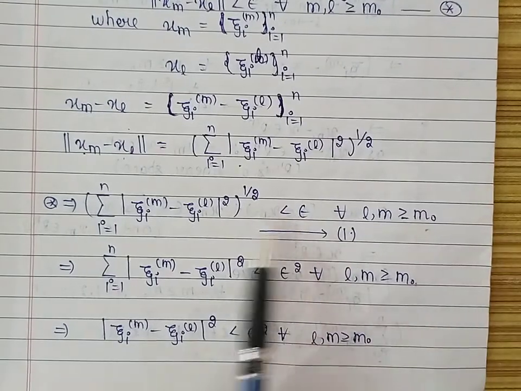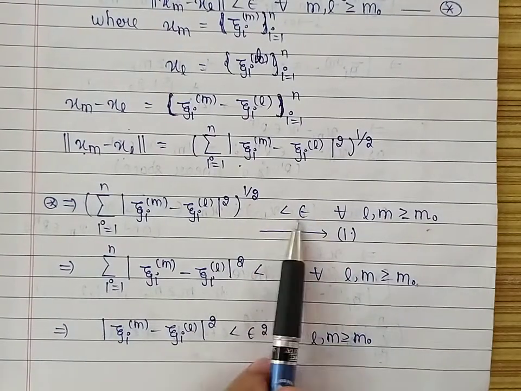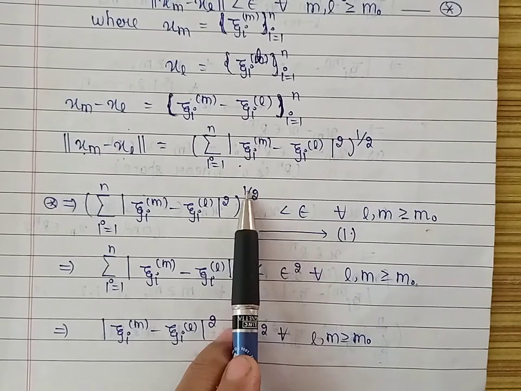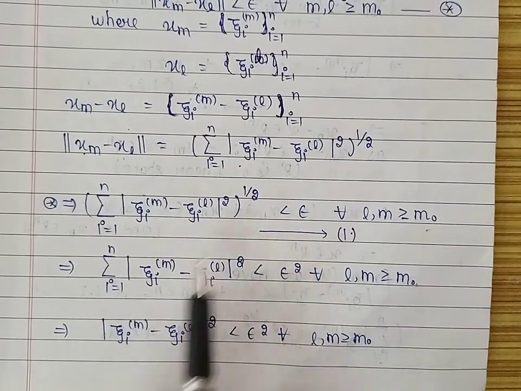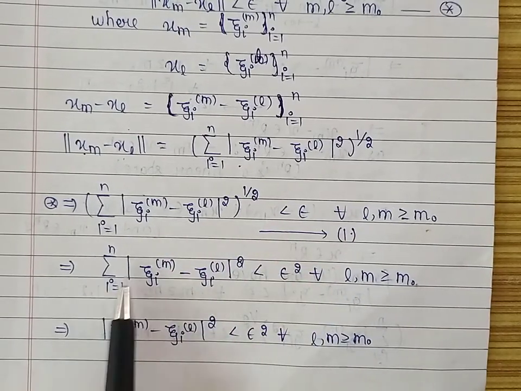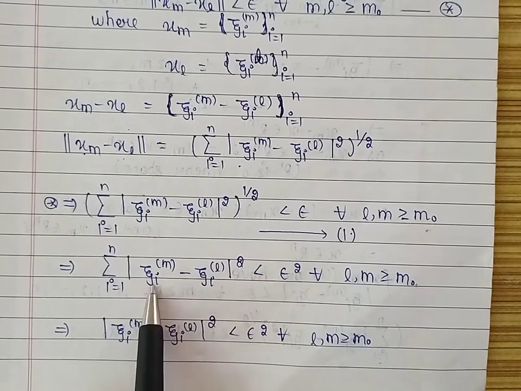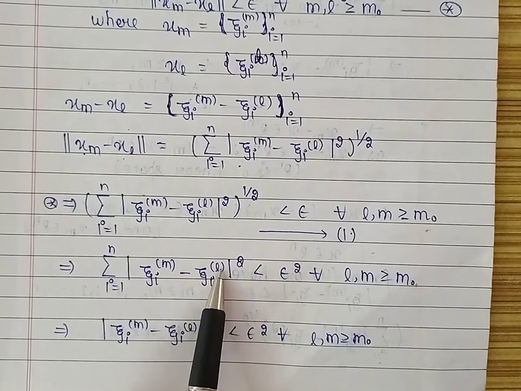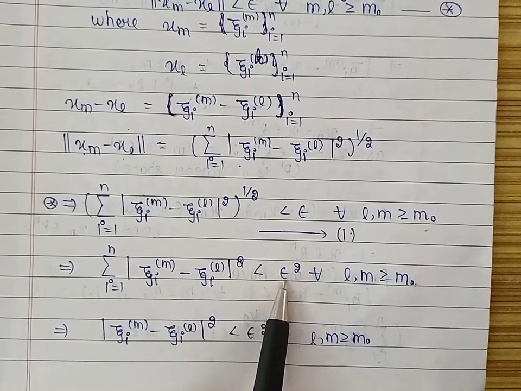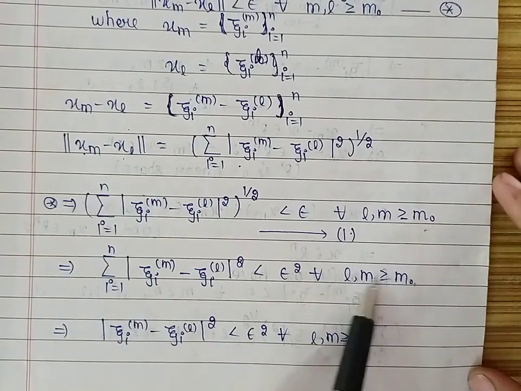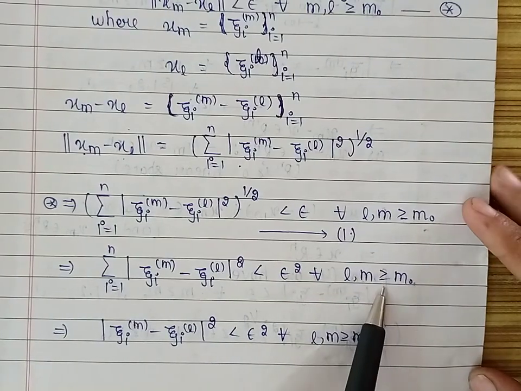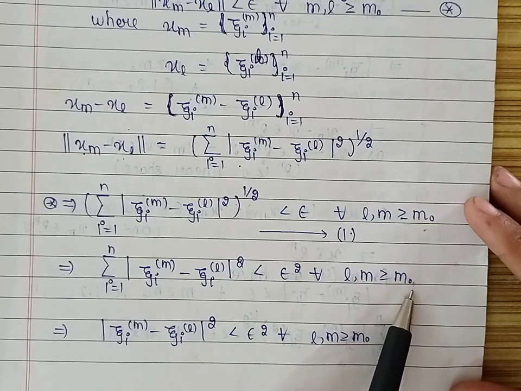Now because this quantity is less than epsilon, if we square both sides of this inequality, we get the summation of mod square of x_im minus x_il is less than epsilon square for all m and l greater than or equal to m0.